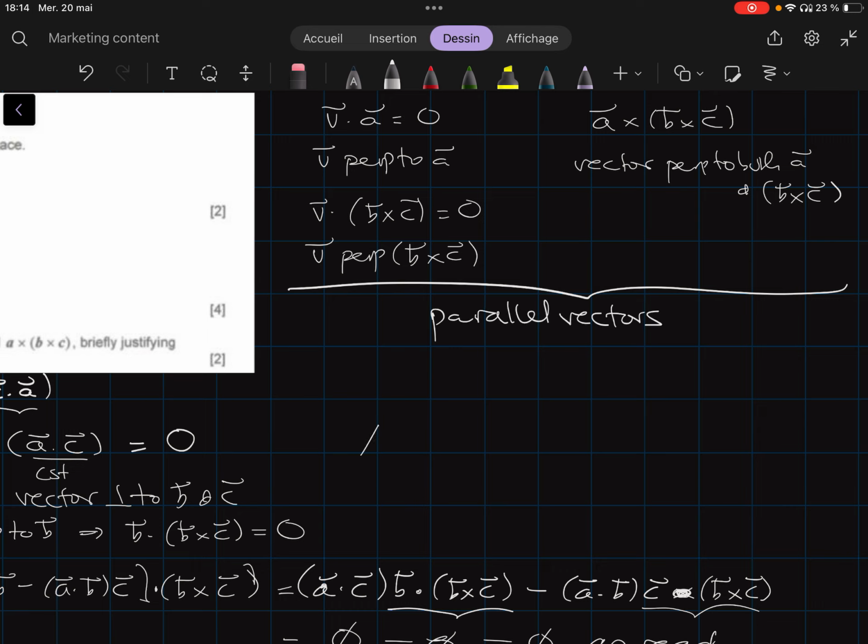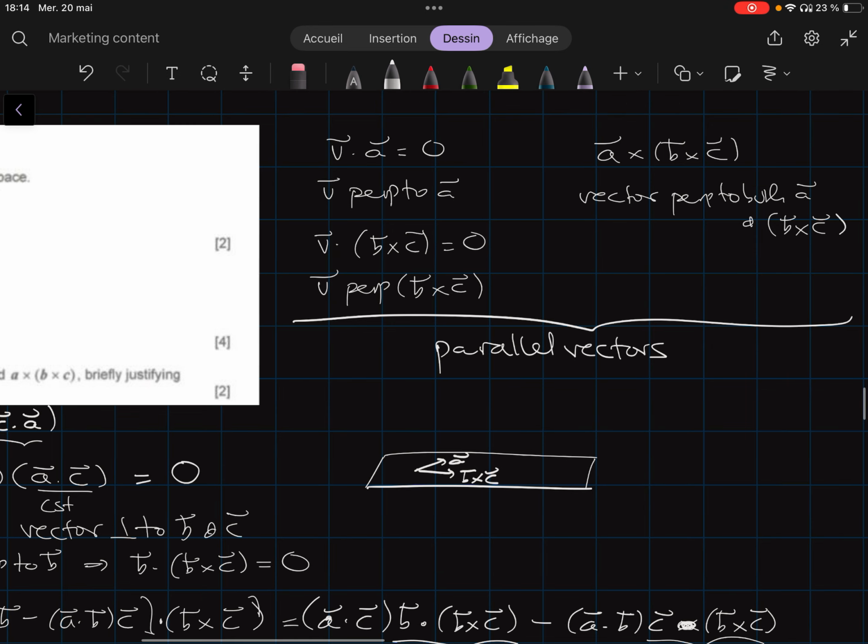So, if you will, let's say we have A over here, B cross C over there. Remember, B cross C is a vector. Crossing them will get you vector, I don't know, N, for instance.